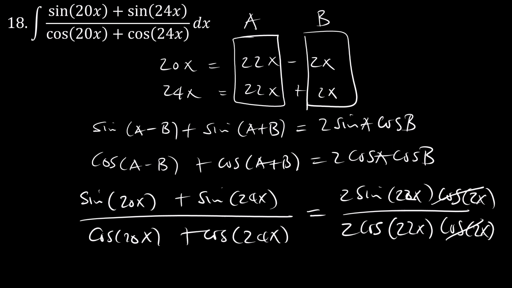So that and that cancel, that and that cancel. So we are left here with sine of 22x over cosine of 22x.